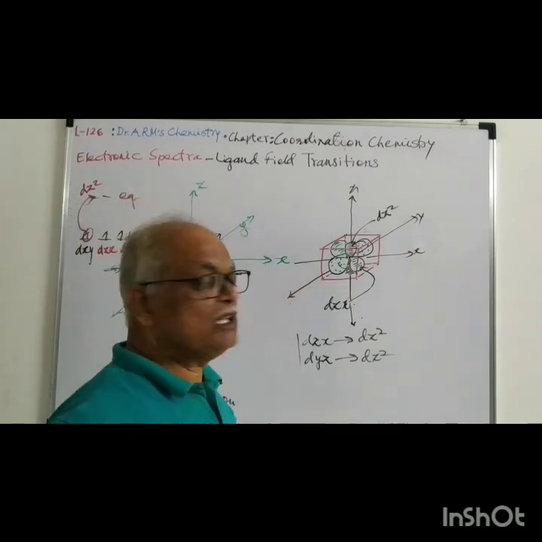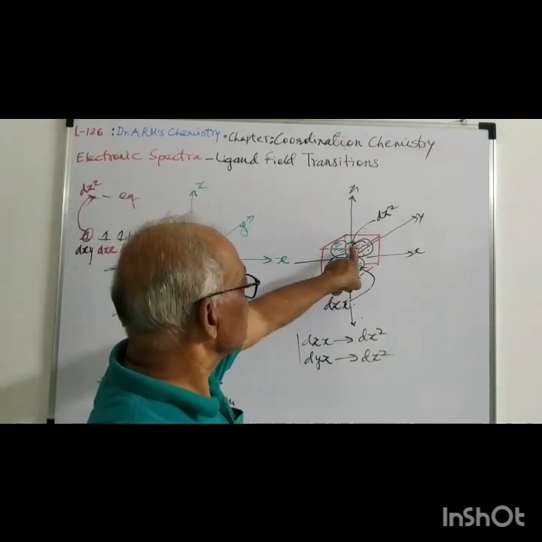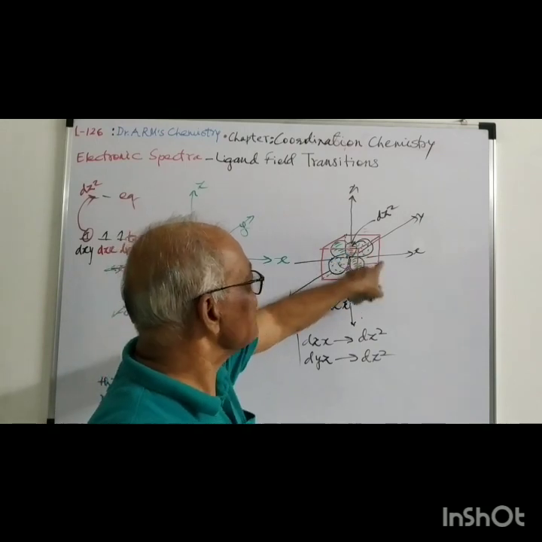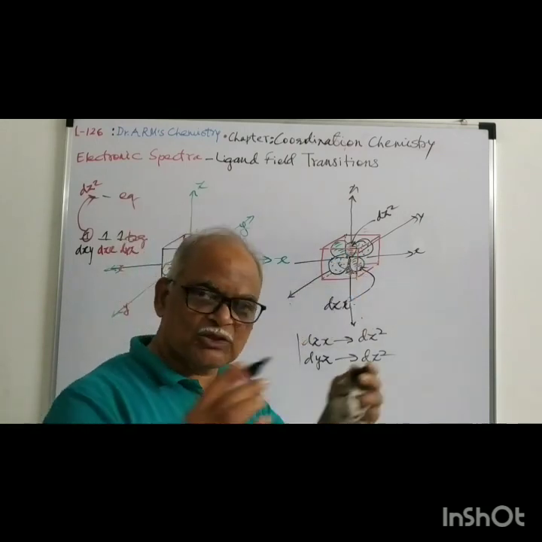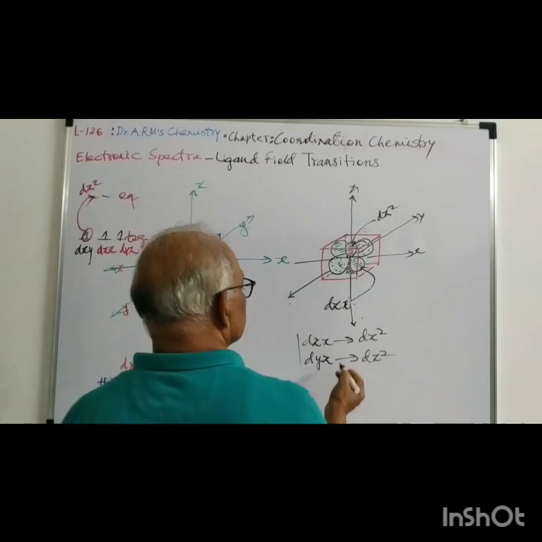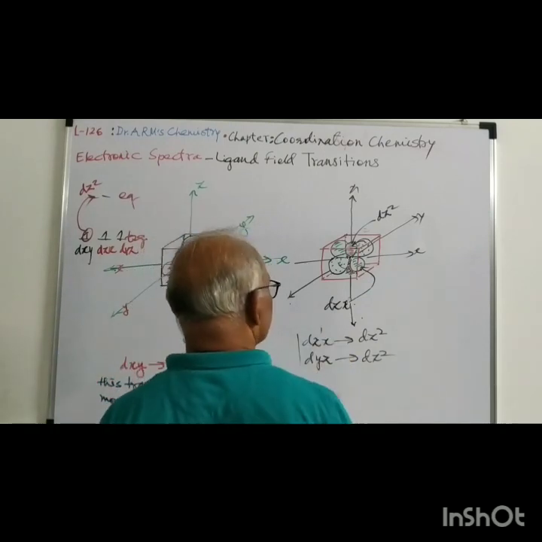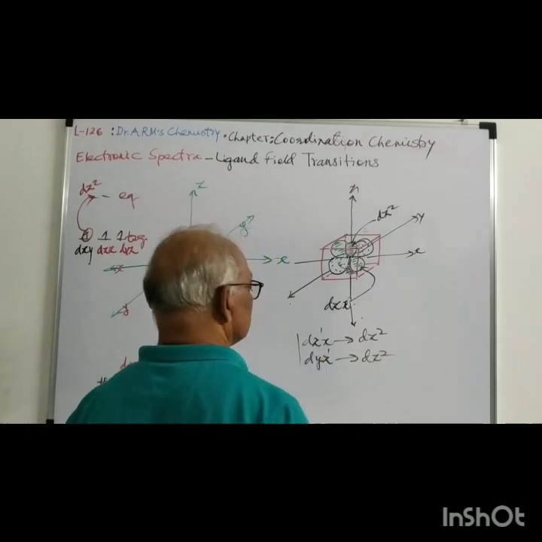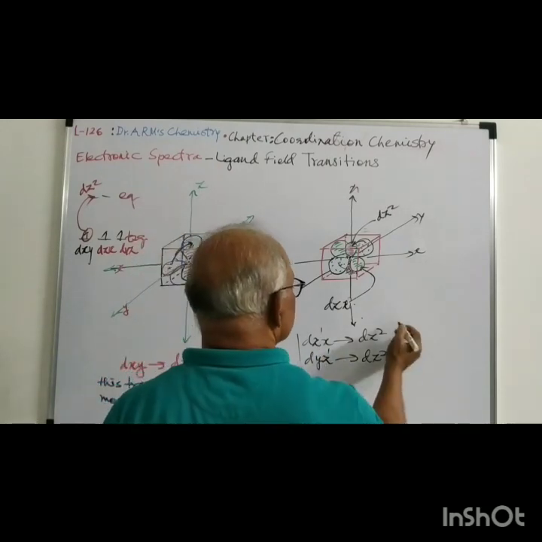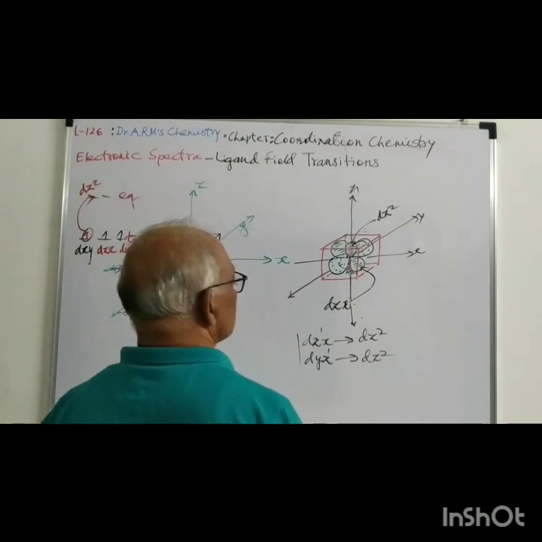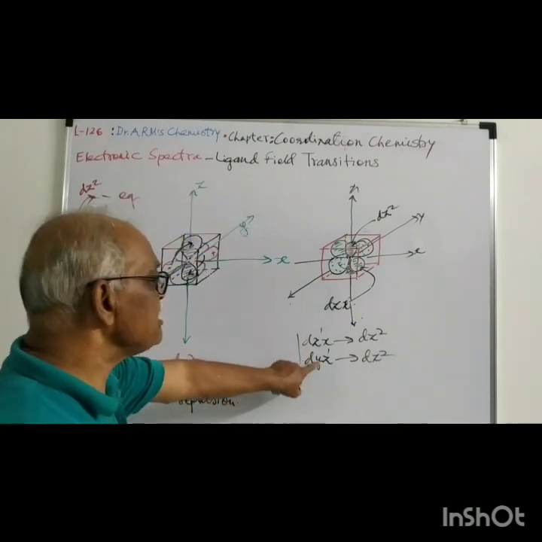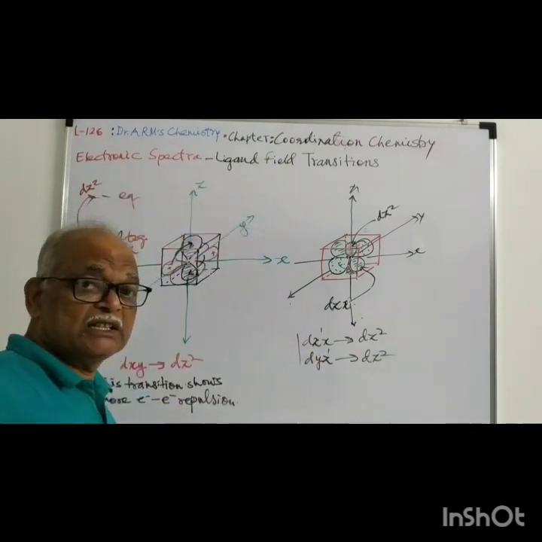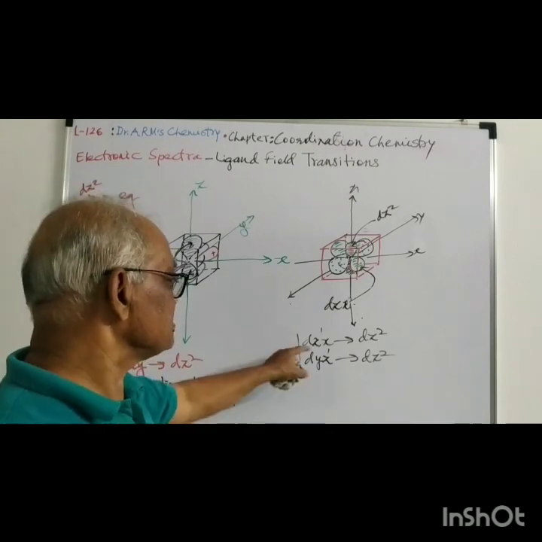So in this way you will find that dz2 and dzx are much closer. That is why the electron density, there is already one electron in dzx, and one electron in dyz. The dz2 is empty, but these electrons have electron clouds.